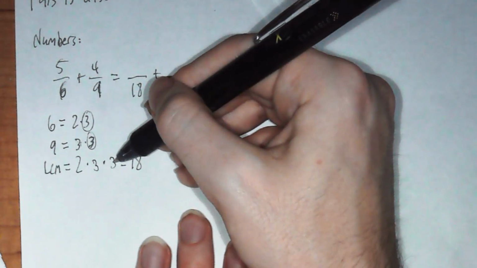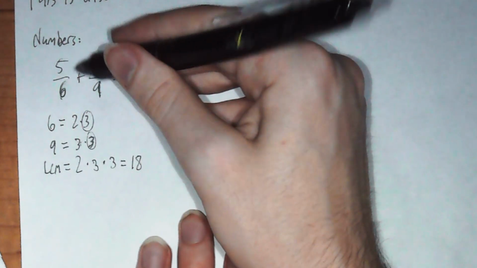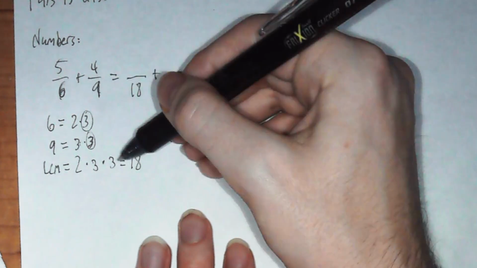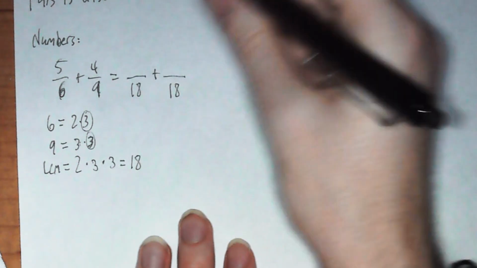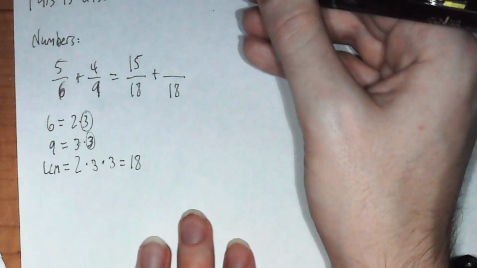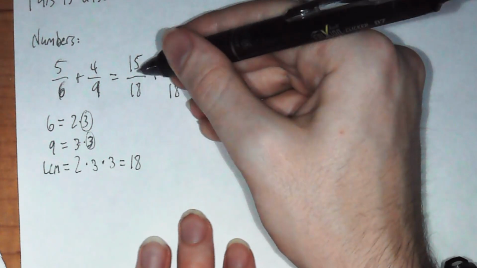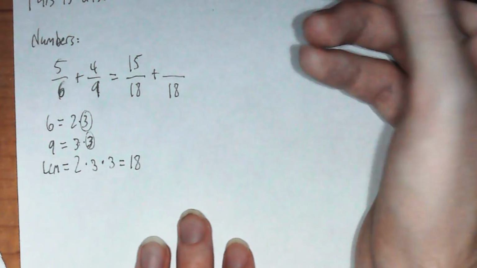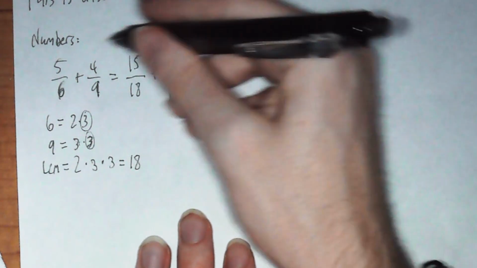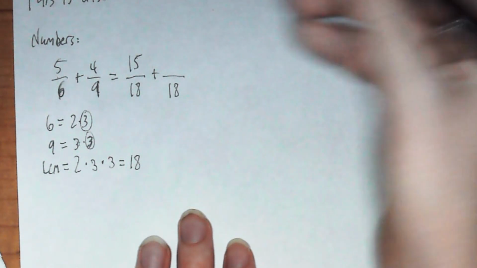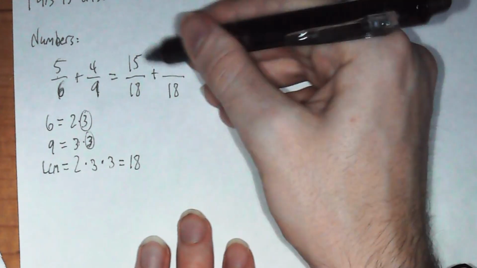So this remaining 3 is what we multiply both the top and bottom by. So what's missing is that last 3, so we have to multiply the top by 3. And 15/18 is now an unreduced form of 5/6. So we know that we've done it right, because if we were to reduce this fraction, we would get 5/6. We've rewritten 5/6 as something over 18.